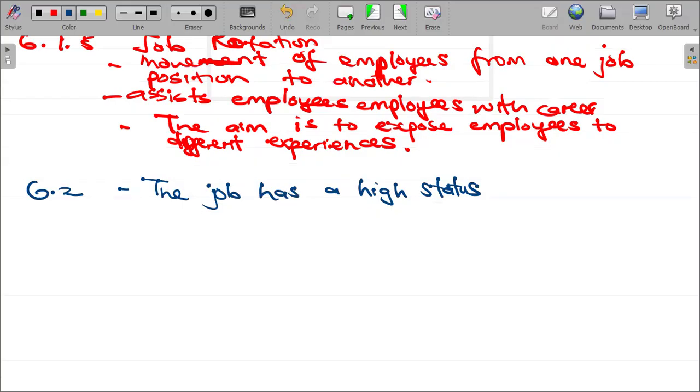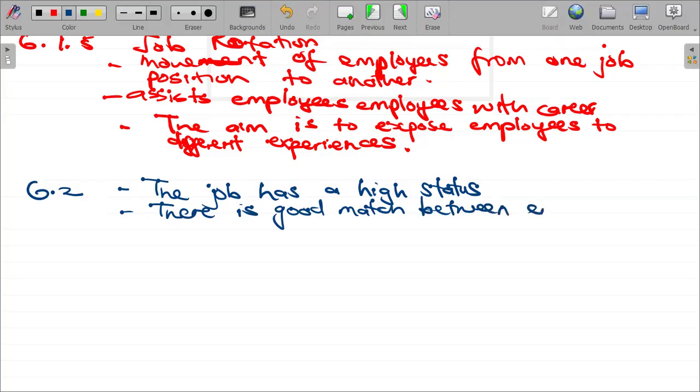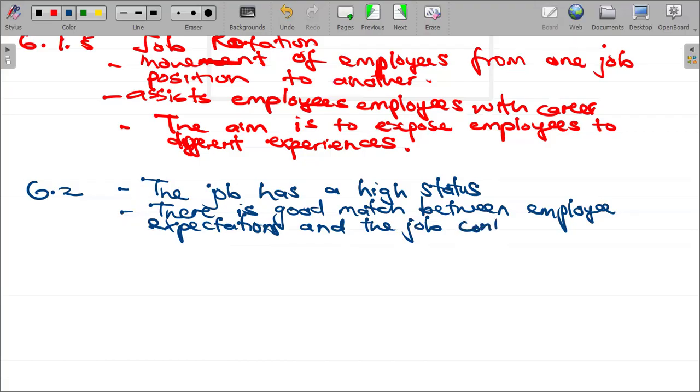And also when there is a good match between employees' expectations and the job content, right?